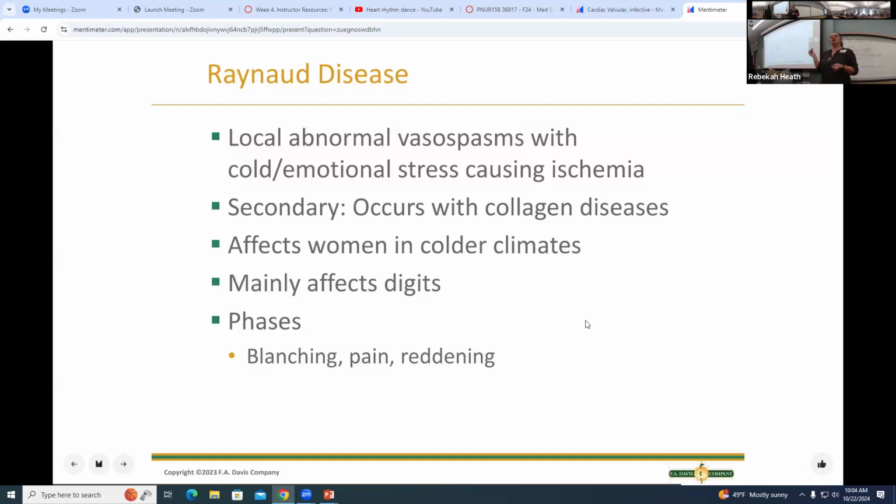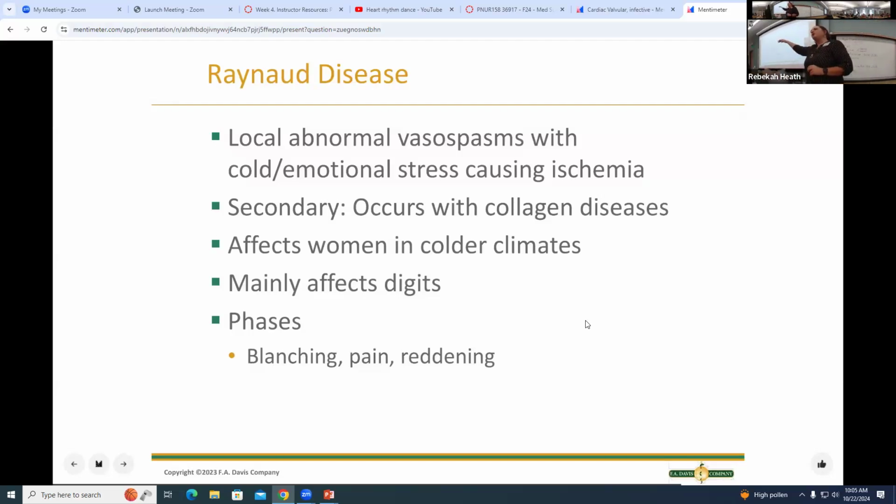A lot of times it's triggered by the cold. So a lot of these patients do not like to get cold because it's painful. Women are more likely to have Raynaud's, and in cold climates, because when you're super constricted with the cold, something about that makes them more likely to spasm. And if it does spasm, there's already constriction, so they're less likely to get the blood through that they need.